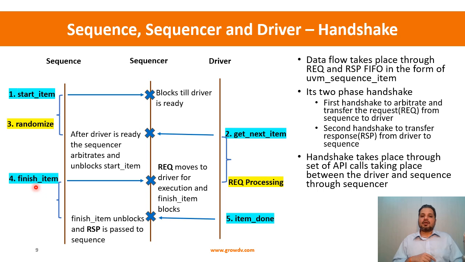On the sequence side, it is still blocked for the finish item, and then the item done can be called. Once the item done is called, the finish item unblocks, and then the response can be passed. Item done itself can pass the response, which the sequence can extract using the get response, or it can be passed through the sequence item port dot put response, or the response port dot write.